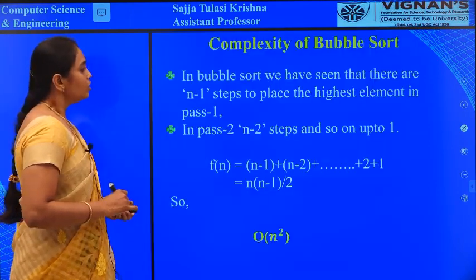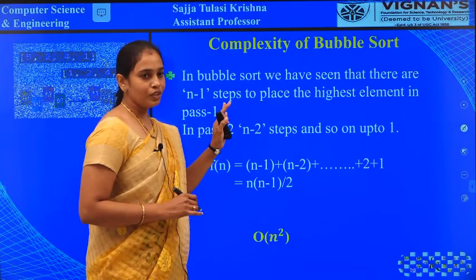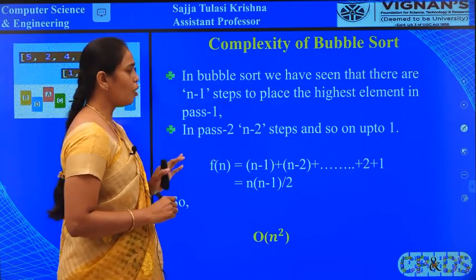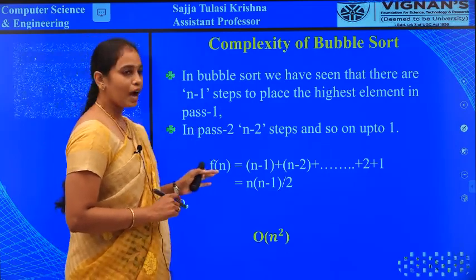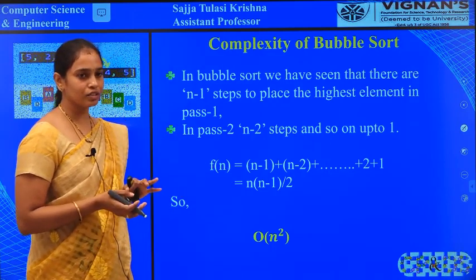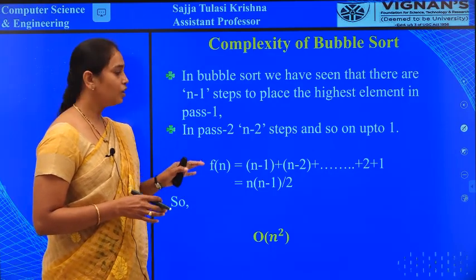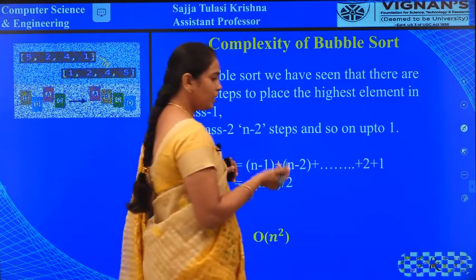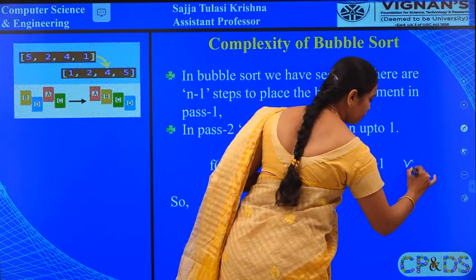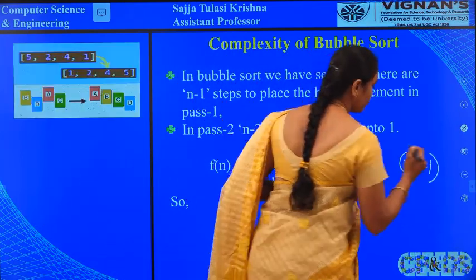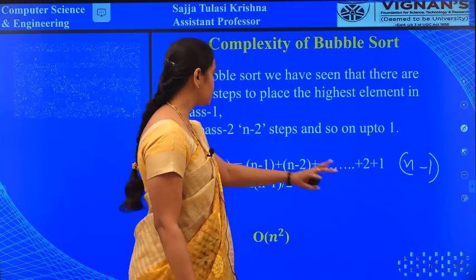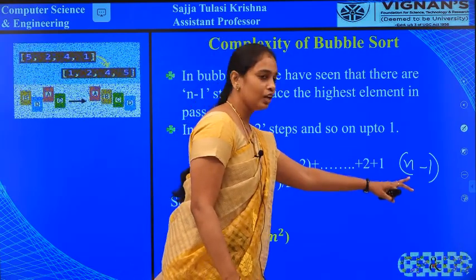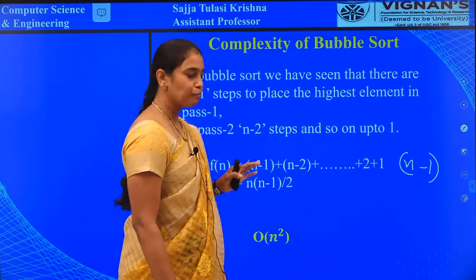Okay, now see the complexity of bubble sort. Complexity here means how many passes we have to take to complete the process. First, how many elements do we need to compare? n minus 1 elements, so with n minus 1 comparisons the first pass will complete.